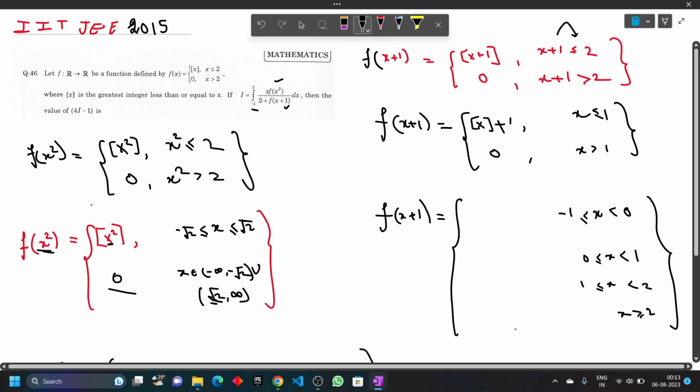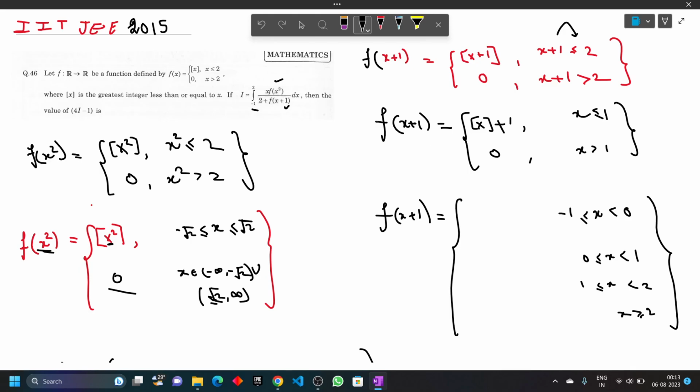Now in this case, I can say that when x belongs to minus 1 to 0, the greatest integer would be minus 1. So f of x plus 1 would be minus 1 plus 1, which is 0. Now if x belongs to 0 to 1, the greatest integer would be 0. So it would be 0 plus 1, which is 1.